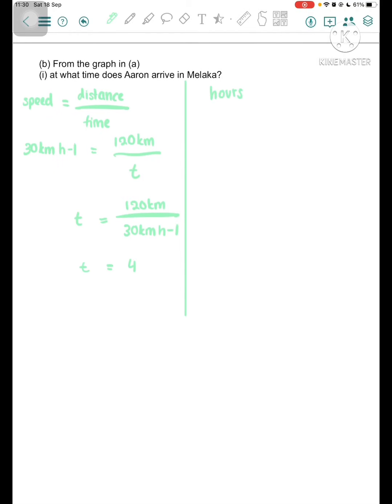Hours, minutes, the time he goes to Kuala Lumpur plus the 4 hours of his road trip. 7 plus 4 is 11. So he arrived at 11 hours. So this is the answer.